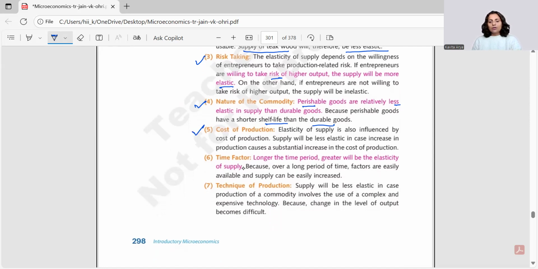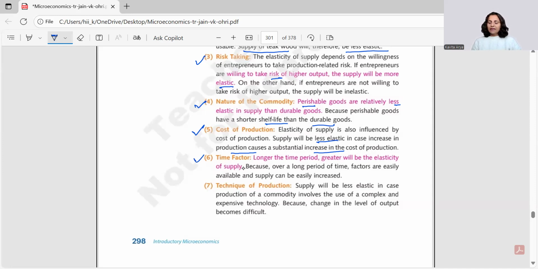When you talk about the cost of production, supply would be less elastic in case the increase in production causes a substantial increase in the cost of production. So costly things mean less elastic, and cheaper things when they are to be produced would be elastic in nature.